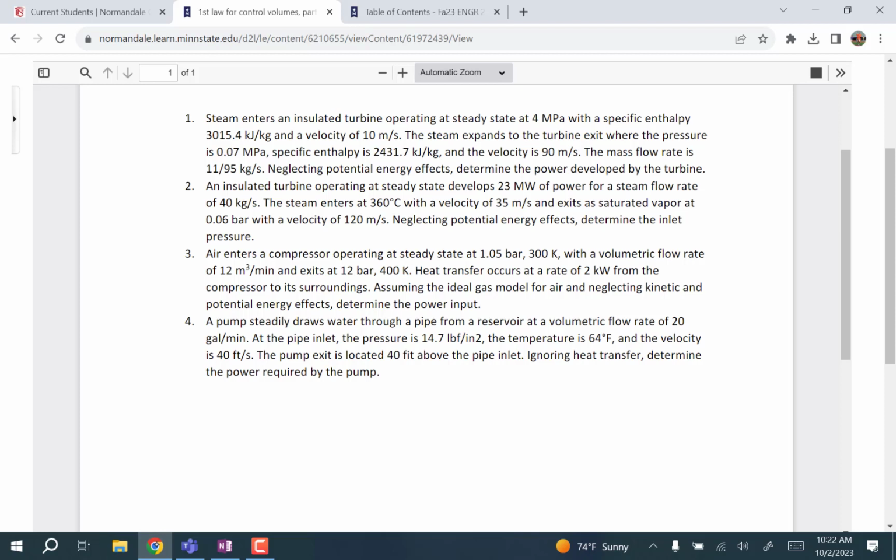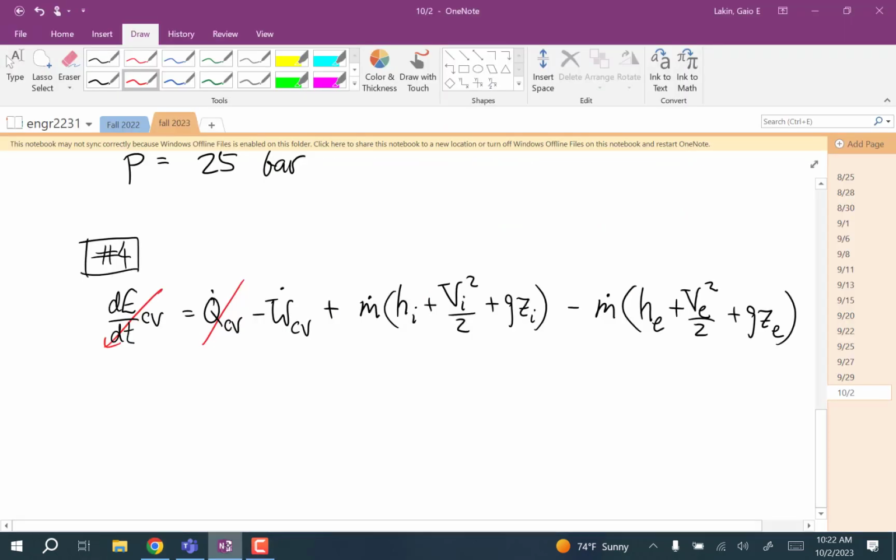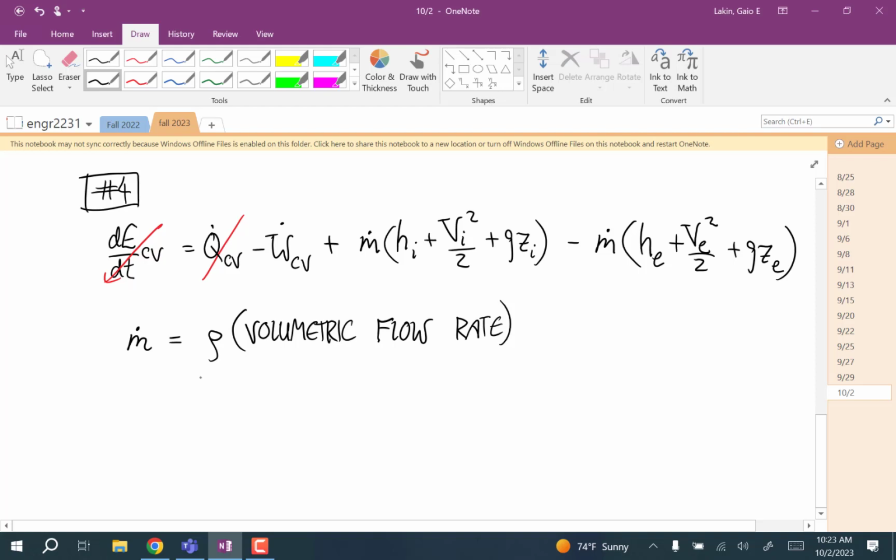We have a pressure and a temperature at the inlet. The volumetric flow rate. So the mass flow rate is equal to the density times the volumetric flow rate. You can usually get good results by assuming that the density of water is 1,000 kilograms per meter cubed.